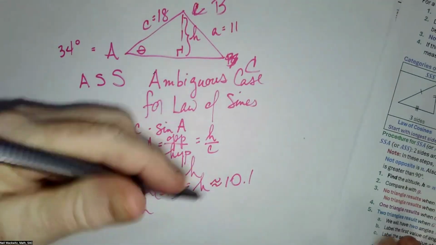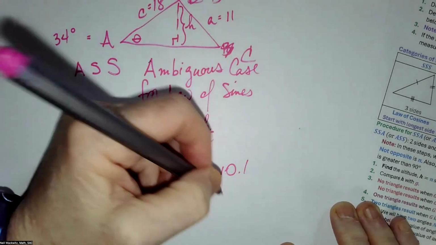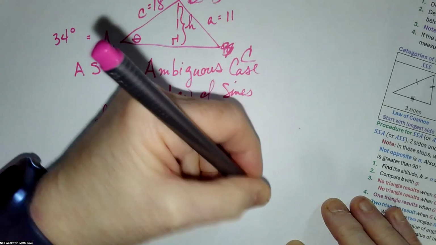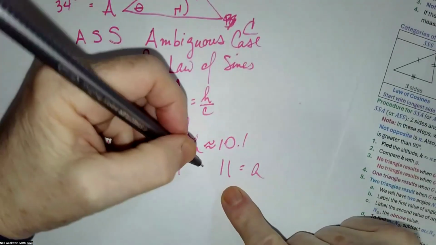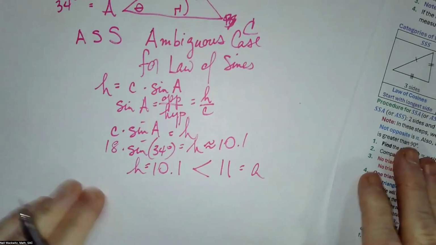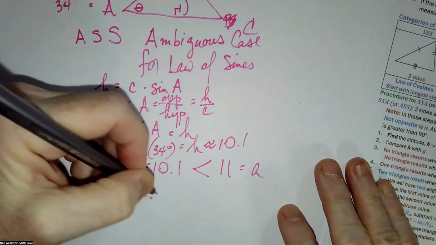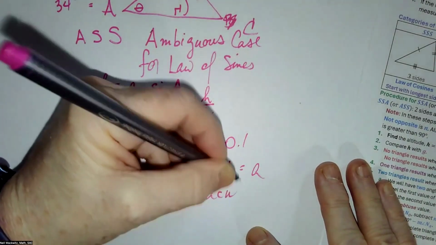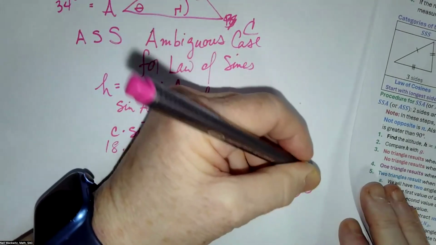So we get little a is 11 and h is 10.1. So I can see that a is greater. And also I know that angle A is acute, which just means less than 90 degrees.